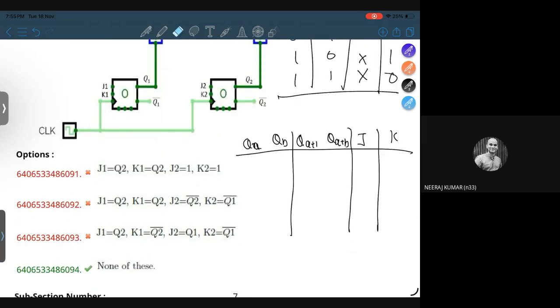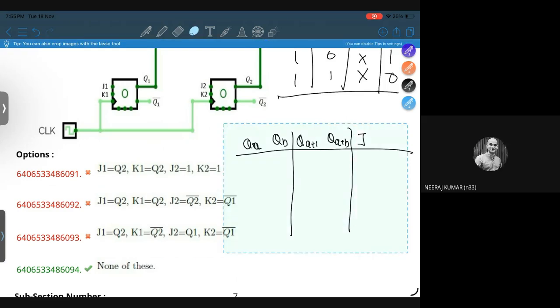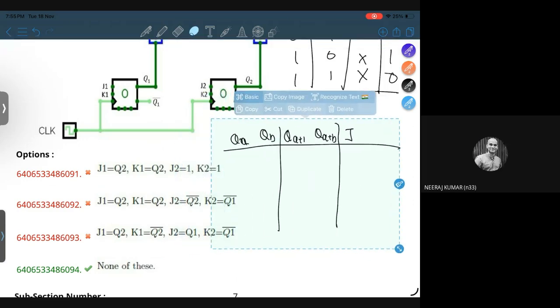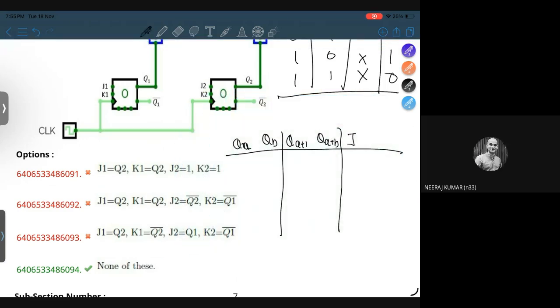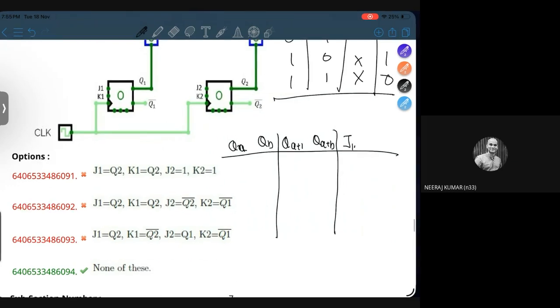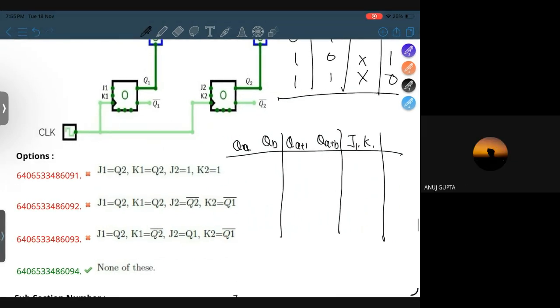You have to write them directly, J1 K1 J2 K2.